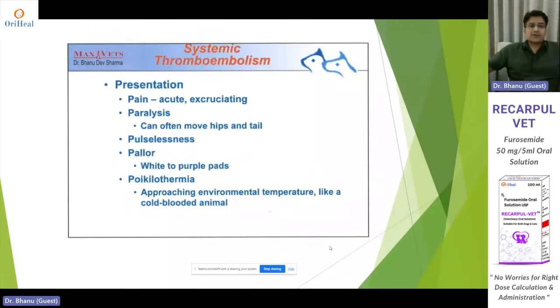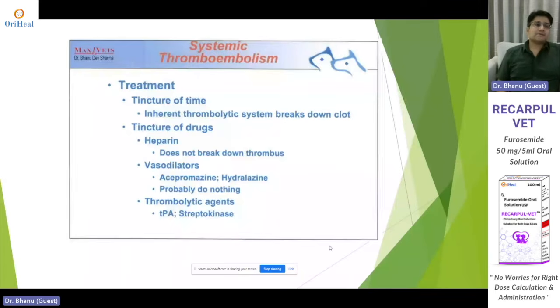And unfortunately, at my practice, many of these cases come to me when it has already been more than 24 hours. And those cases, I have seen that they never recover and we end up doing euthanasia. But if they come in the first 6 hours, then there are some therapies which we can try. And as per some of the research, there has been recovery also in some of those cases.